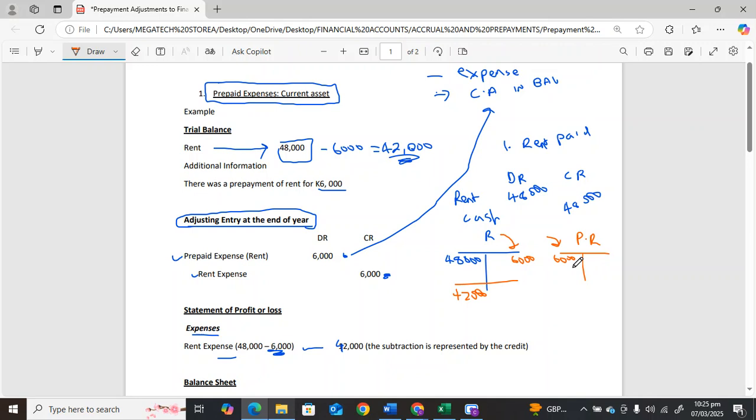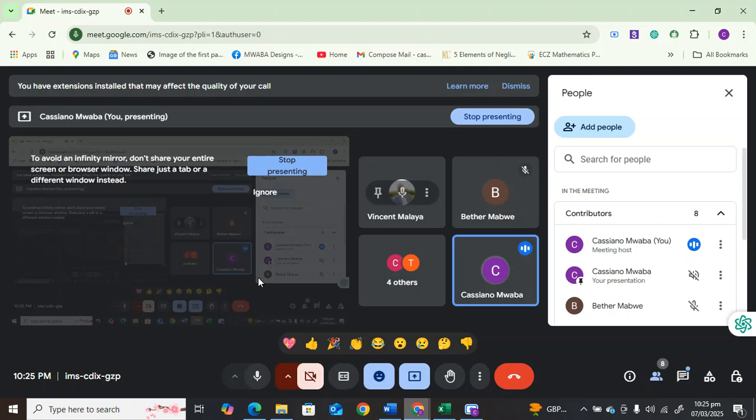Yes. Any questions? So what you must remember, colleagues, is that prepayments in your financial statement, you subtract from the expense, and in the balance sheet, you record it as a current asset.